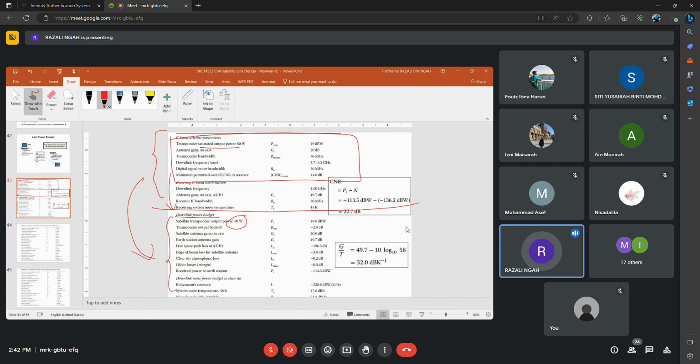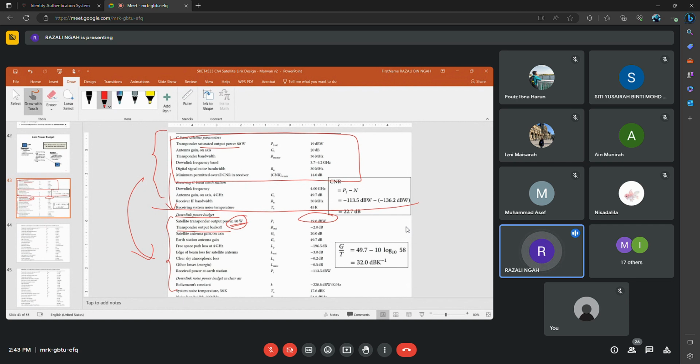So from the satellite output power of 80 watt, you have to convert to dB. So 10 log 80 watt, you have 19 dBW. The back off loss is equal to 2 dB. This is the one that I mentioned just now. We reduce by 2 dB.